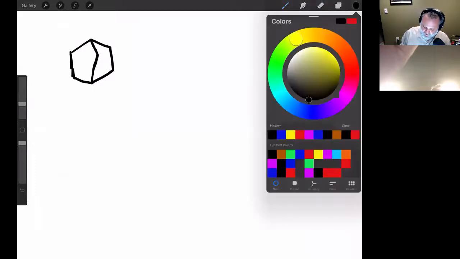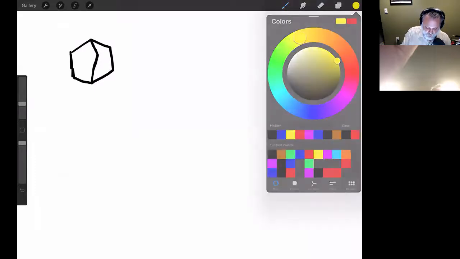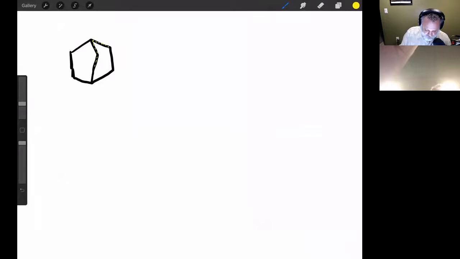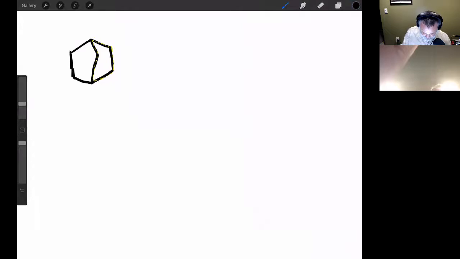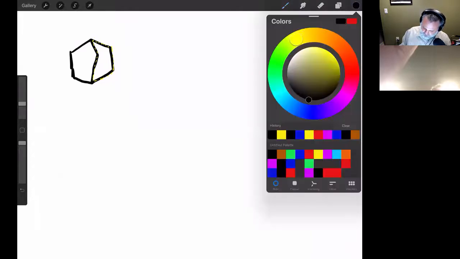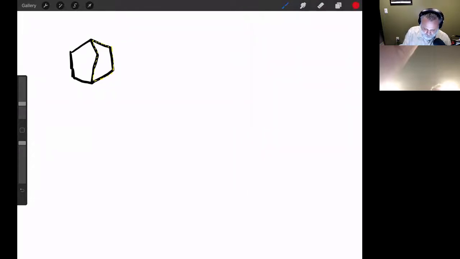One is that ring there, and then we might have another ring like this. That could be the other ring, and the two rings are fused together. The carbons that fuse the rings together are called bridgehead carbons.